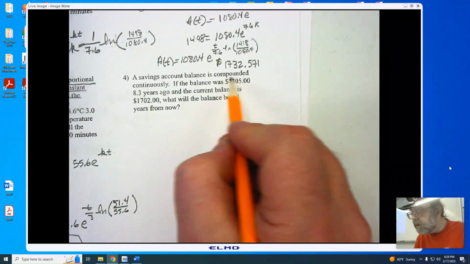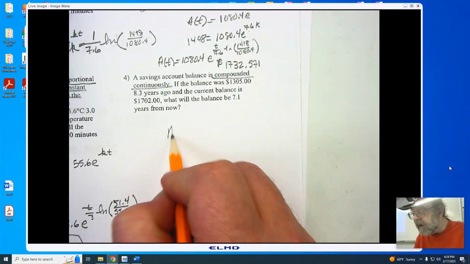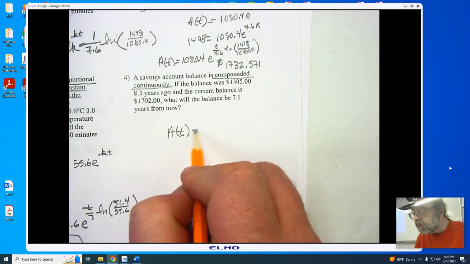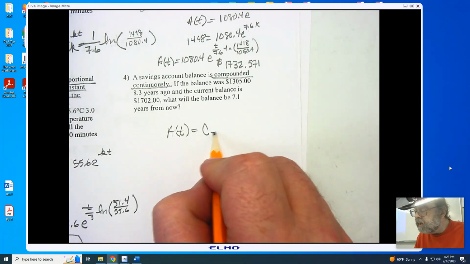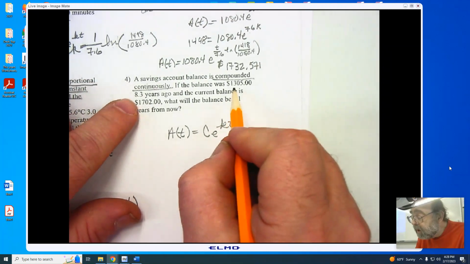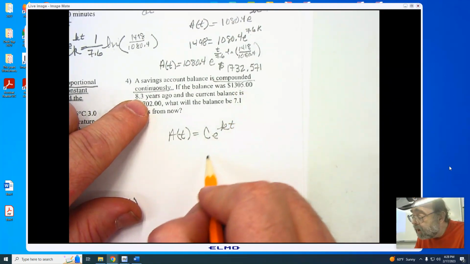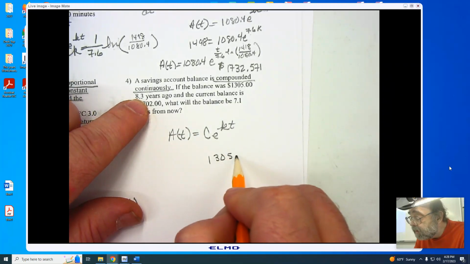Let's take a look at number 4, compounded continuously. So compounded continuously is my account, or balance, is equal to the initial account, or the principal, times e to the kt. We know that our principal 8.3 years ago was $1,305.